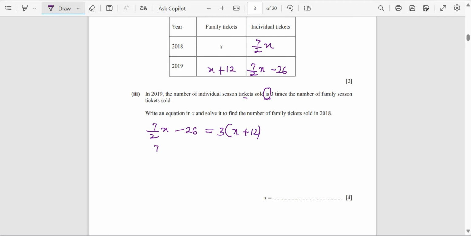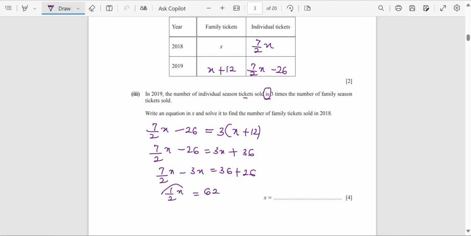So this is 7 over 2x minus 26 equals 3x plus 36. We'll collect like terms: 7 over 2x minus 3x equals 36 plus 26. If we subtract, this would give us half x, and this would give us 62.